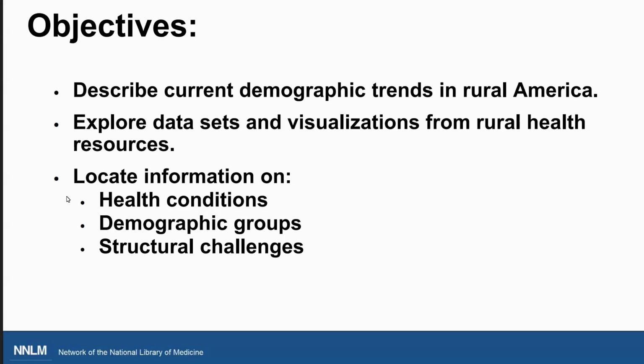Like I said, I live in New England, so what I may be picturing may be very different from what rural looks like where you are. We are going to be talking about broad national trends, but I hope throughout the presentation you're thinking about rural where you are and putting the information into a local context.